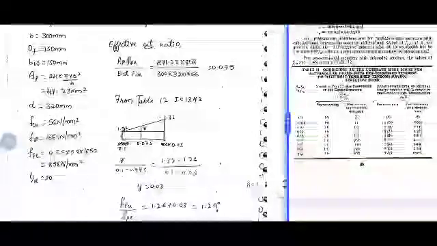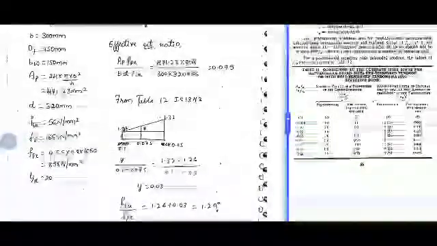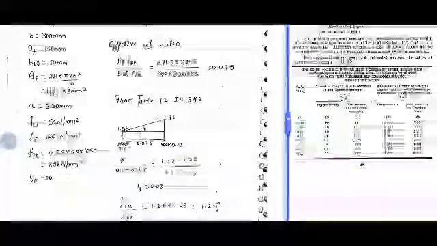In question he has mentioned effective stress of 65% of ultimate tensile strength of wires. So ultimate tensile strength is 1650 and effective stress is 0.65, and again loss ratio is also given.